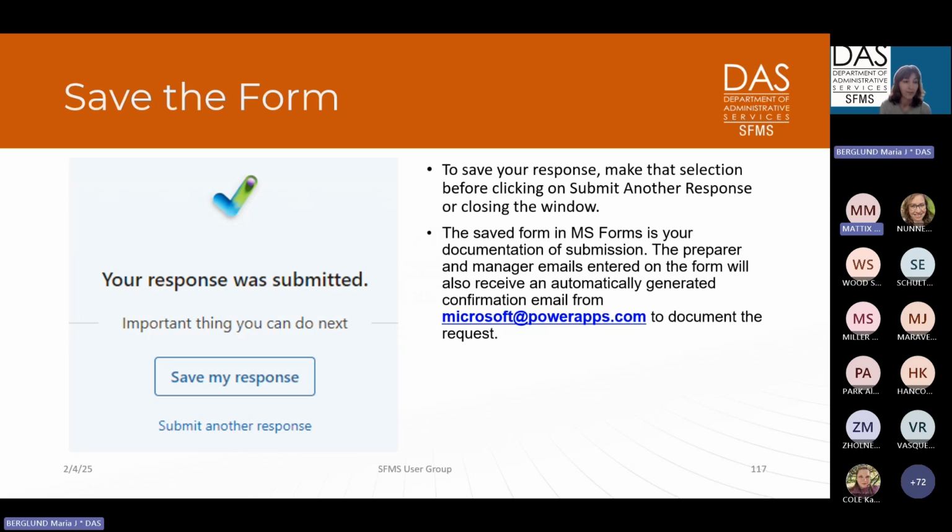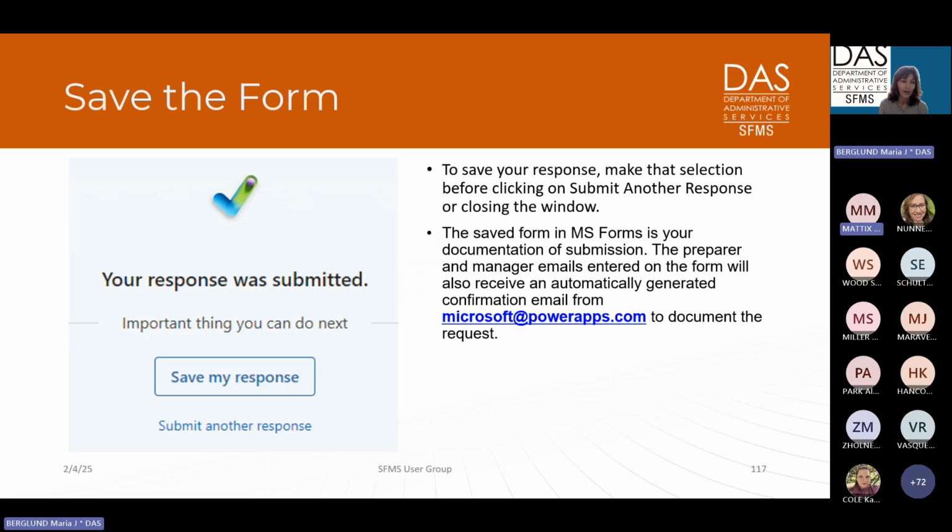As soon as you hit save my request and submit, both people should receive a notification: the person who prepared the form and put in the preparer email address, and the manager. If you prefer not to see the notifications, it is easy in Outlook to create a separate folder and set a rule.